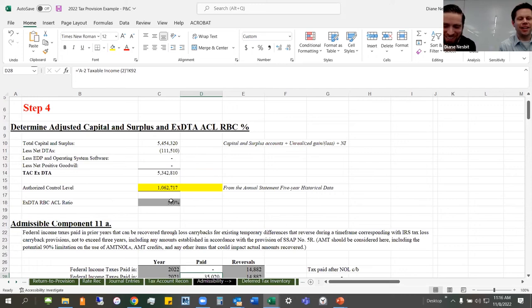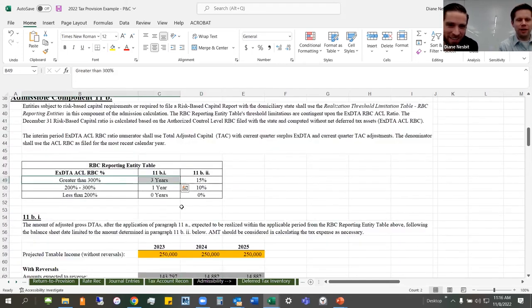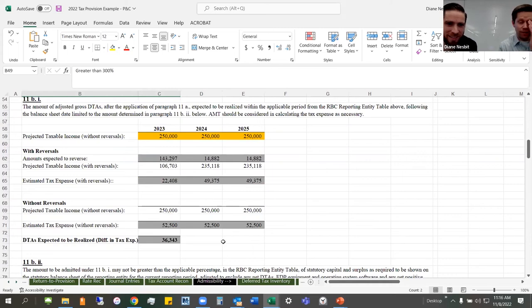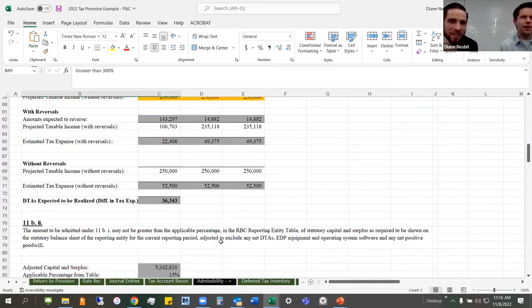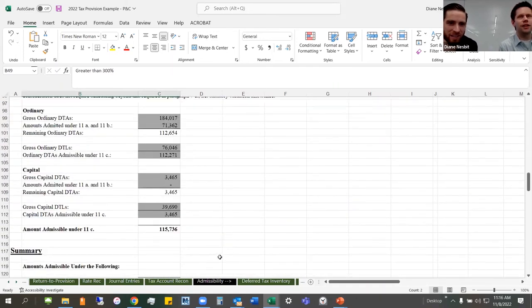That will tell you how many years forward you can look at, and what percent you can admit. So there are 2 steps to that. And then the last step of admissibility is what DTLs you have available to offset against your DTA. That's all.